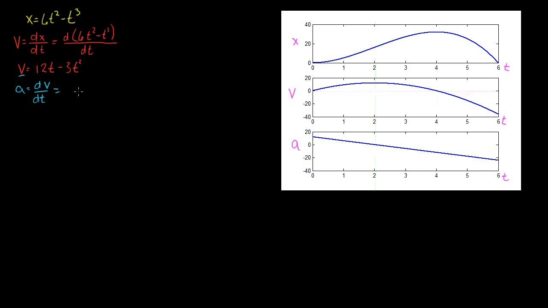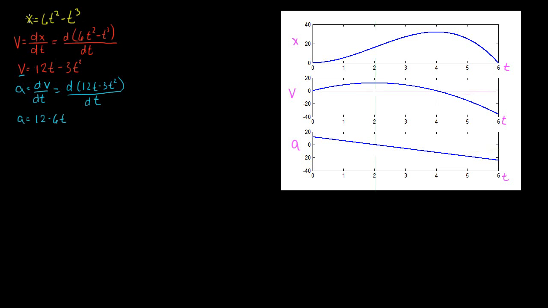So we know the acceleration is equal to the derivative of this velocity, which is 12t minus 3t squared, with respect to time. Now, if we perform this differentiation, we get that the acceleration is equal to 12 minus 6t.